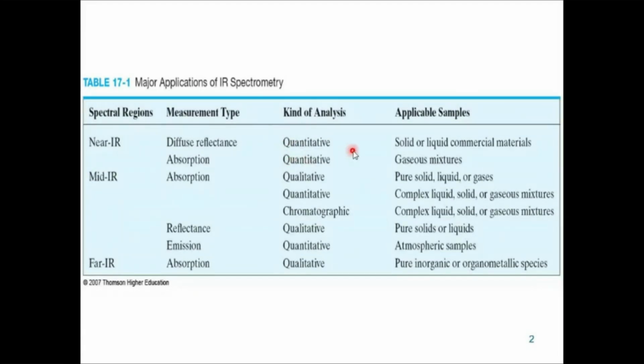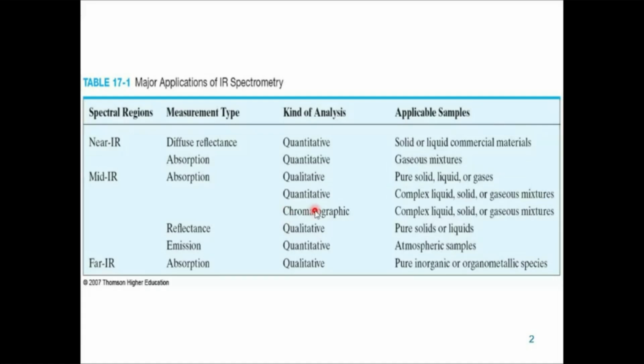What it can measure, it can identify gaseous mixtures. Mid IR allows absorption, reflectance, and emission. All three are possible. In case of absorption, it can be qualitative, quantitative, or it can be combined with chromatography like LC, GC, or HPLC. So it can be used in combination.